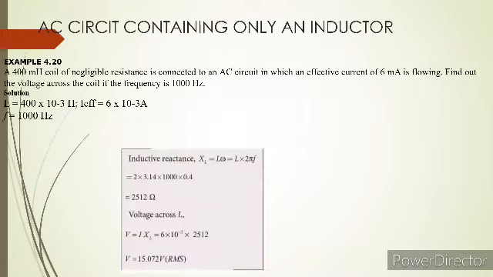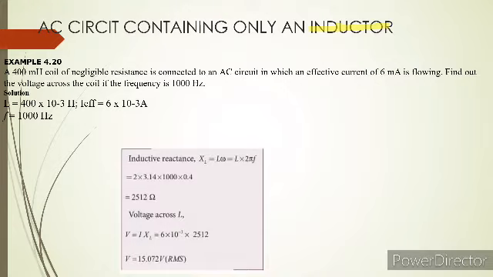So the next problem is dependent upon AC circuits containing only an inductor. Any AC circuit which contains only an inductor, that kind of problem is taken. It says that a 400 millihenry coil of negligible resistance is connected to an AC circuit in which an effective current of 6 milliamps is flowing.